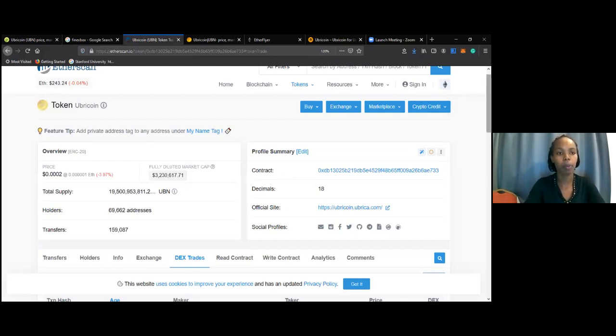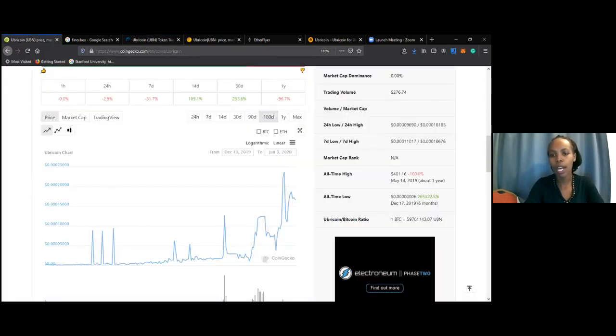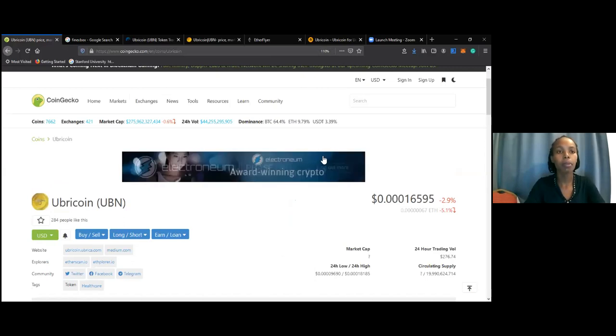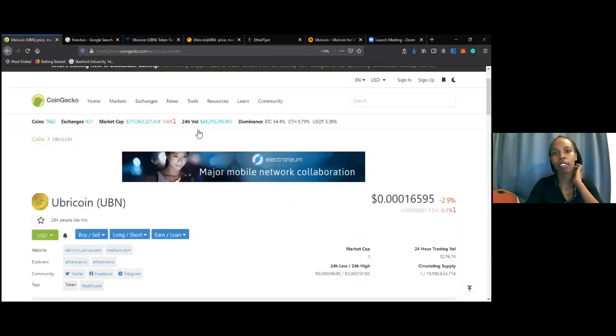You see, we have the price of Ubricoin as 0.0002. I know most of you maybe are wondering why the price here is different from CoinGecko, because we have just seen the price in CoinGecko is 0.00016595. But basically in etherscan.io, they do an average of the prices in all the markets, unlike CoinGecko that takes the most active market.